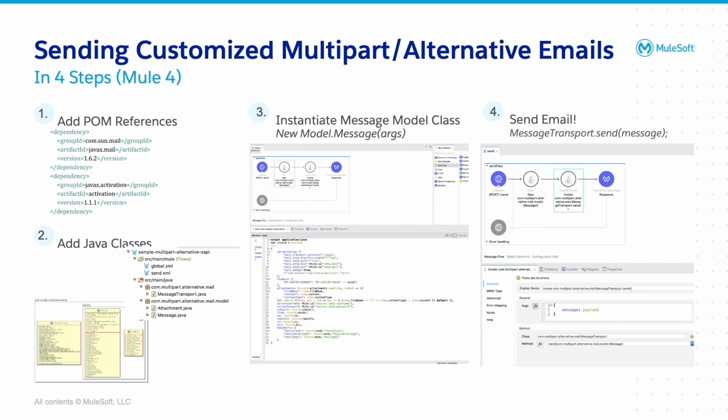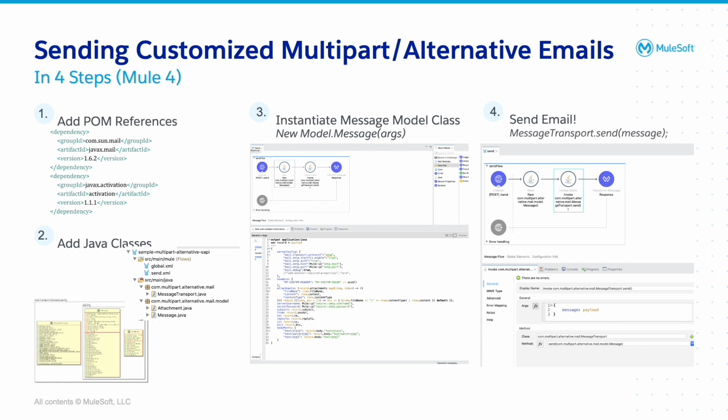We do have an attachment class, which is going to be used by the message class, and our message transport class, which is going to be used to send our multipart alternative emails, just to be clear.